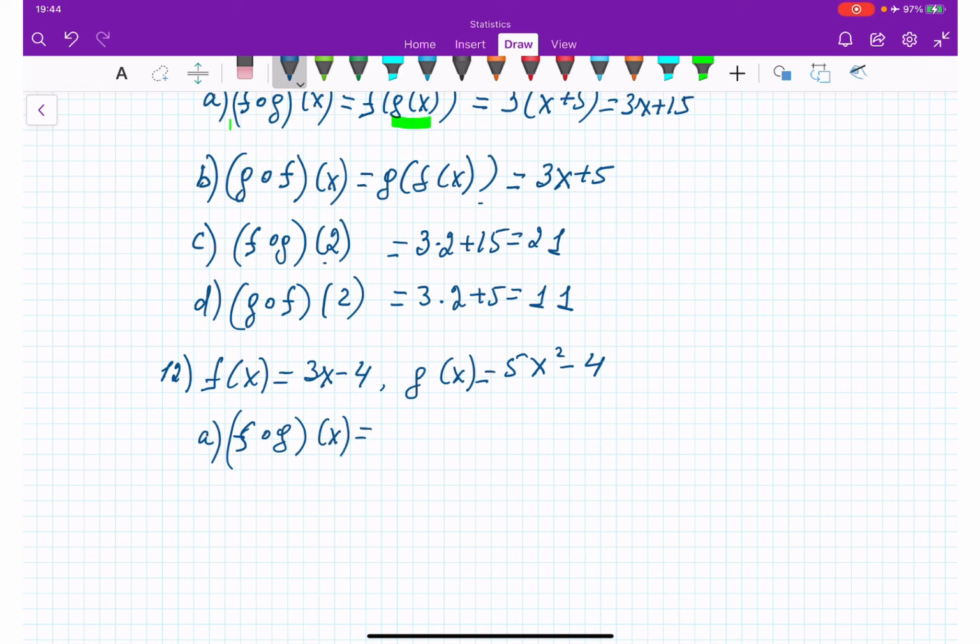So f of x is 3x minus 4. So 3 times, instead of x, I'm plugging the value of g of x, which is going to be 5x squared minus 4.